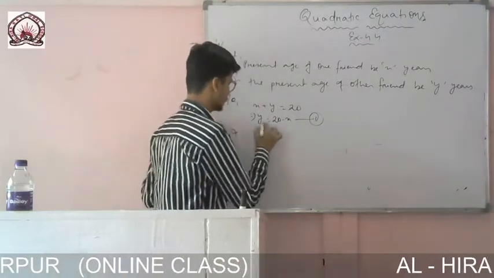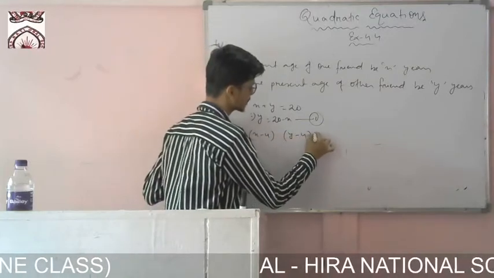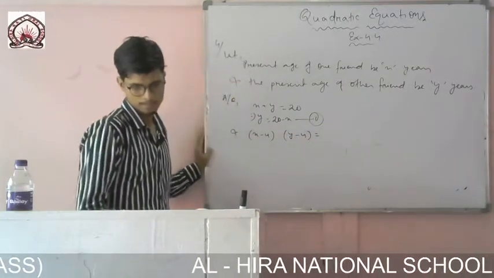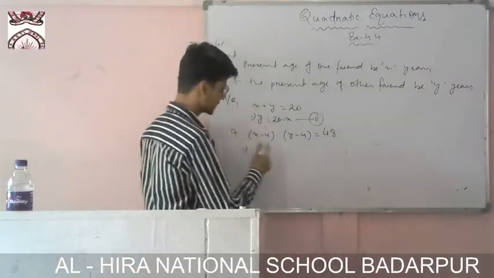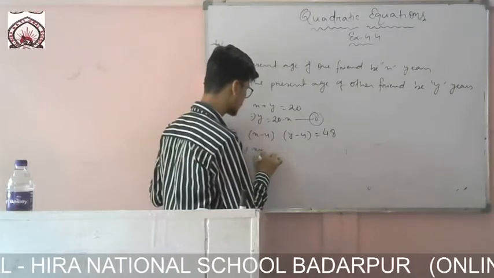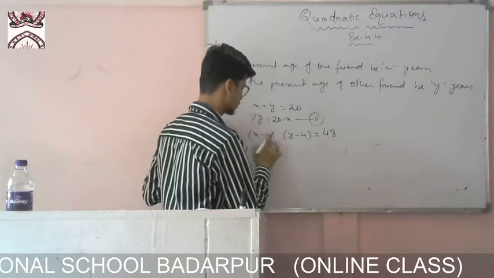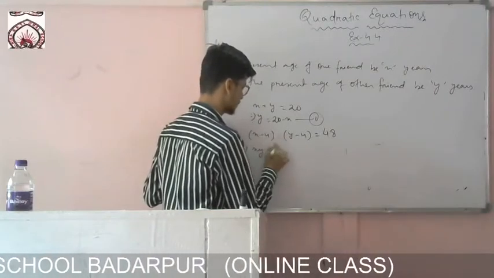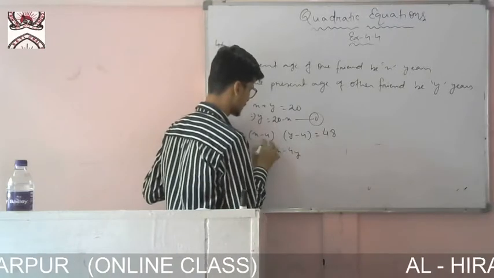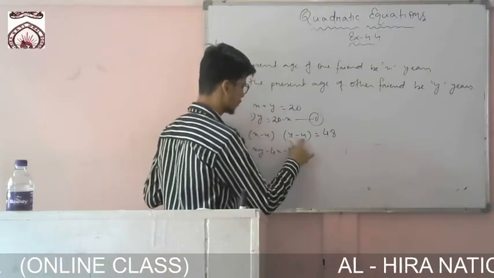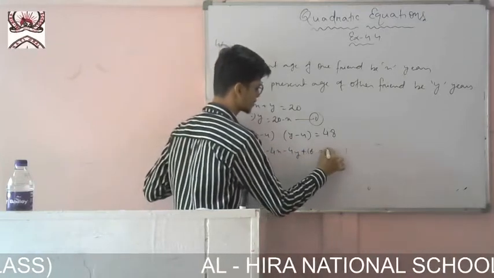That is x minus 4, product means into y minus 4, equals 48. So if I multiply, xy, then 4x, then minus 4y, and 4 fours are 16, plus 16 equals 48.